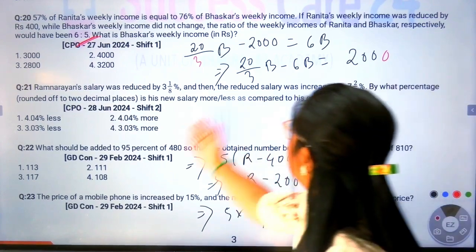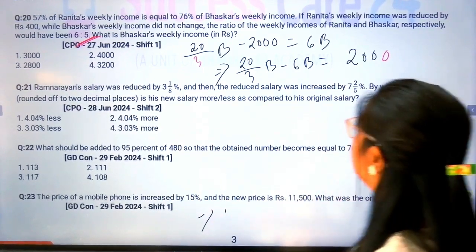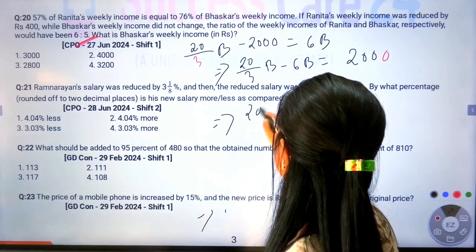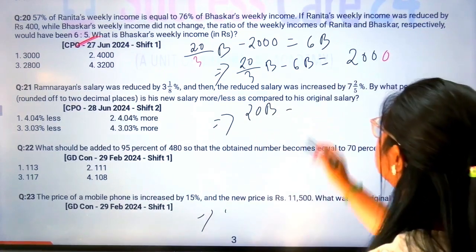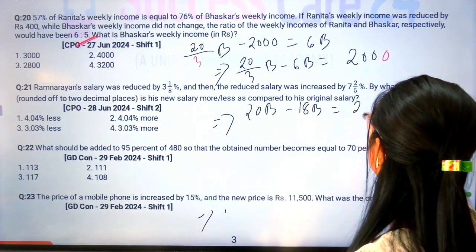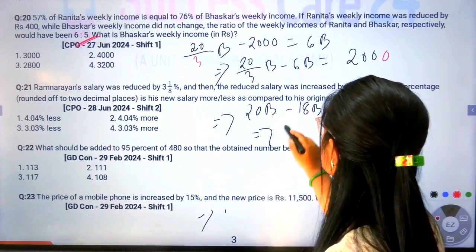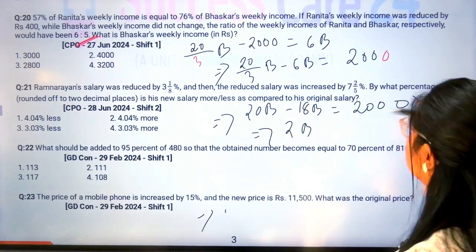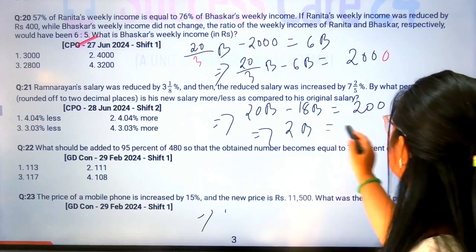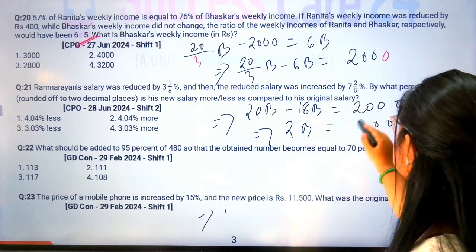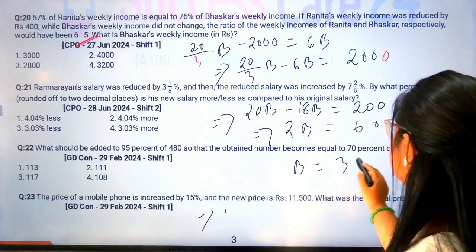So from here if you do the required calculation, 20B minus 18B is equal to rupees 2000. So 2B is 2000 into 3, that is 6000. So 2B is equal to 6000. So B is equal to 3000.